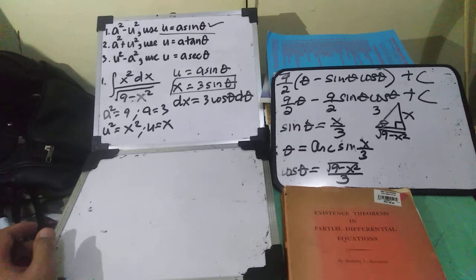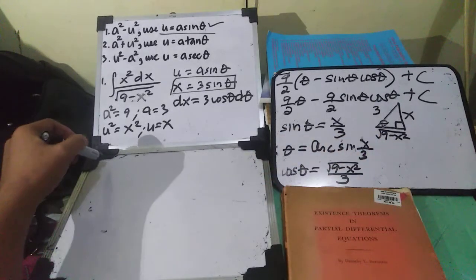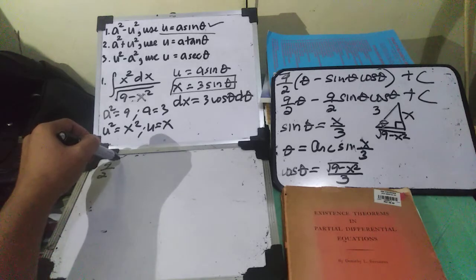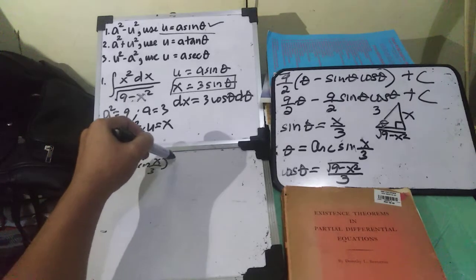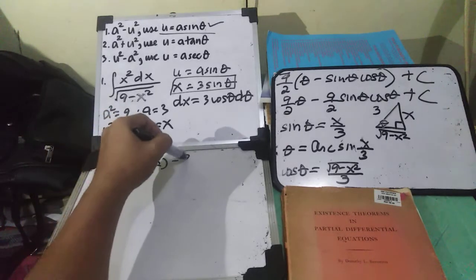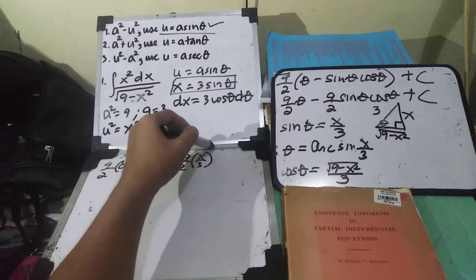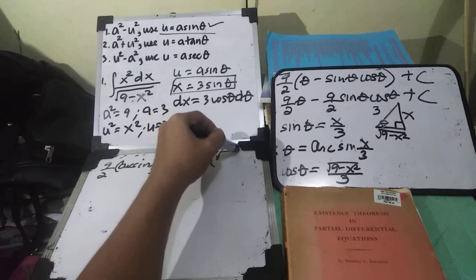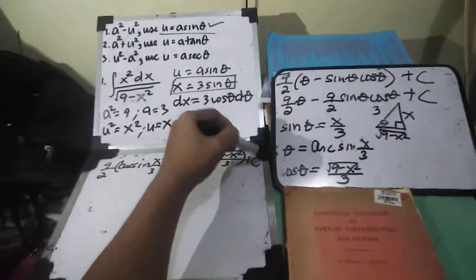Substituting those values of theta, sine theta, and cosine theta, we have 9 over 2 times arc sine x over 3 minus 9 over 2, sine theta is x over 3 and cosine theta is square root of 9 minus x squared all over 3, plus c.